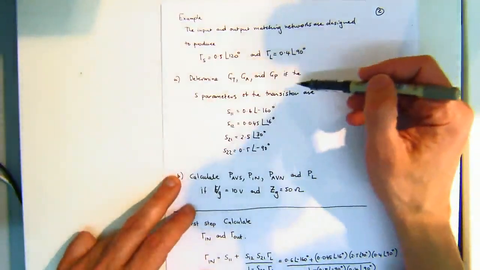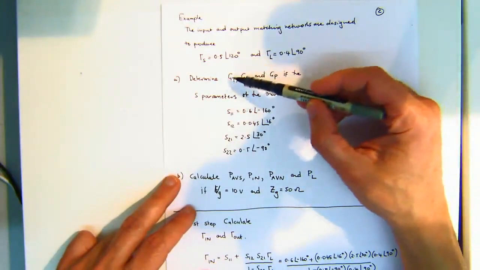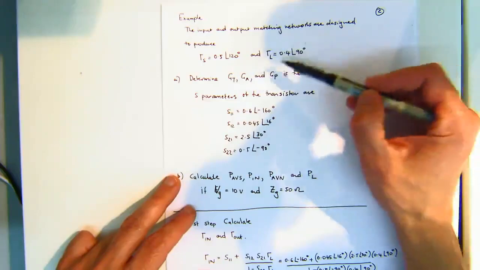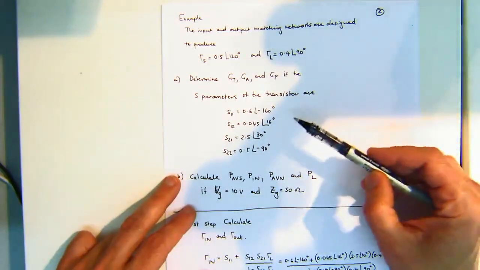And what we had done in the previous lecture is work out the formulae for GT, GA, and GP in terms of scattering parameters and reflection coefficients.